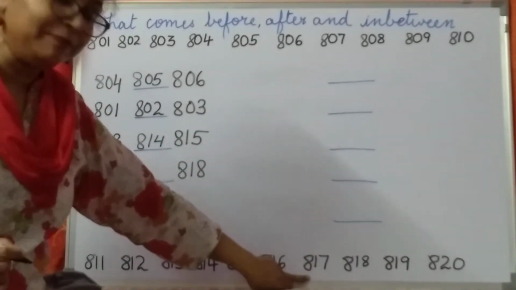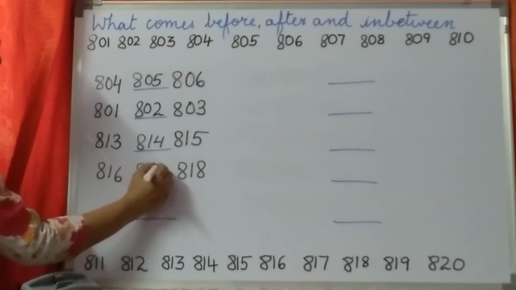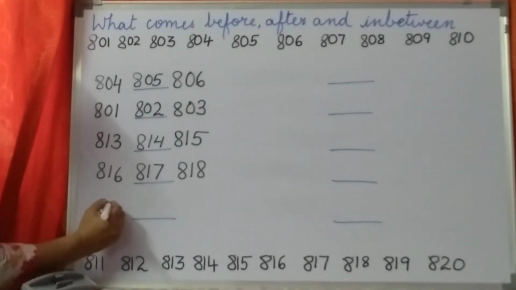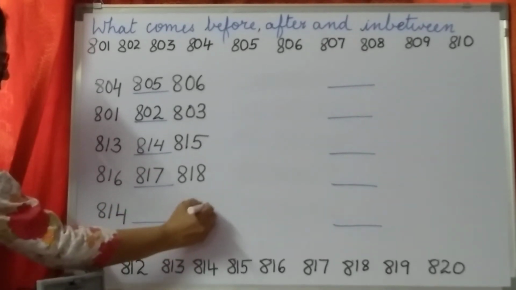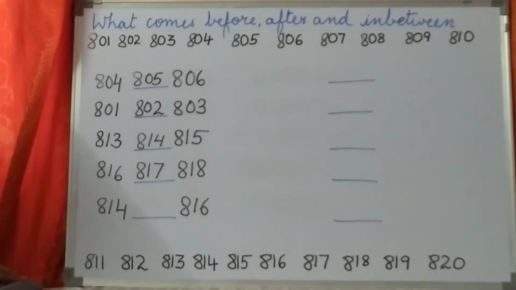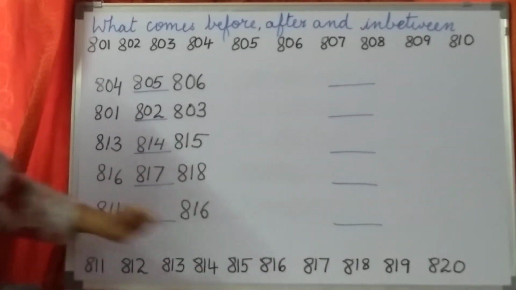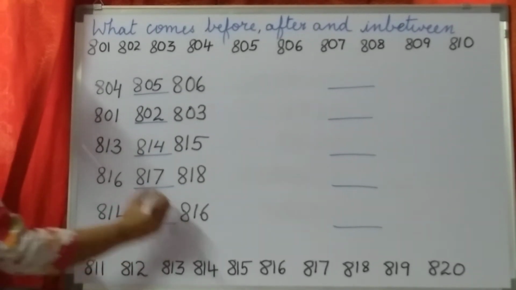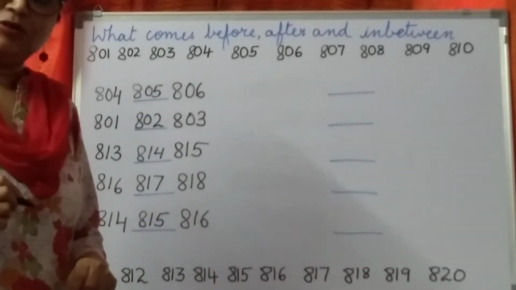What is the number in between? 817. 814 and 816. So what is the number in between? 815. You have to be very careful with your numbers, okay? Alright, boys?